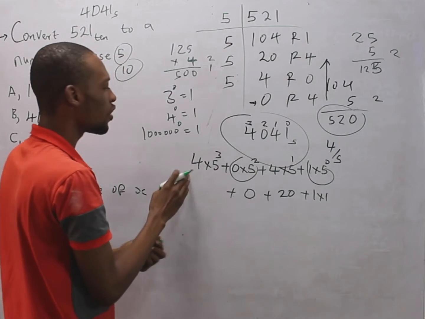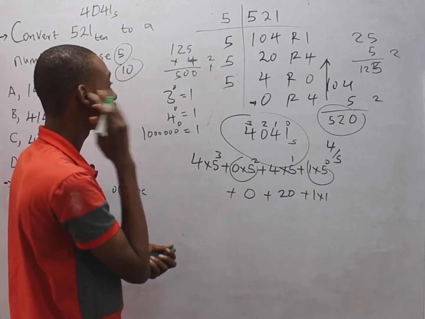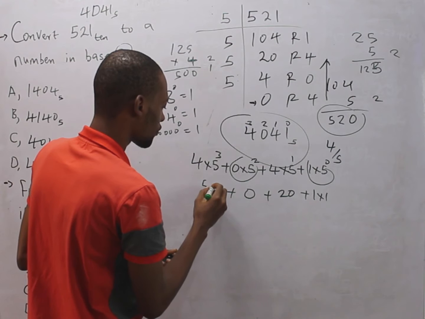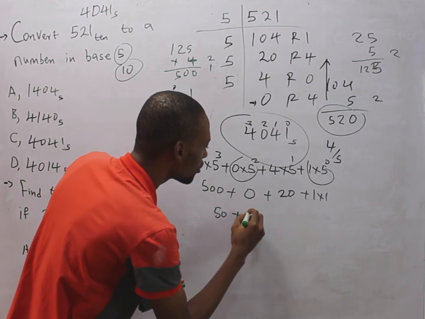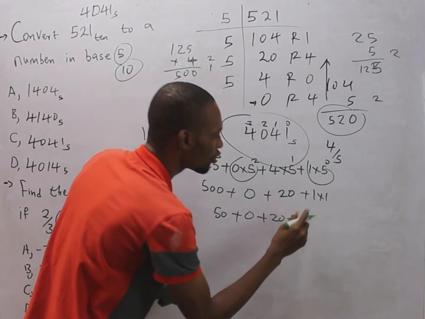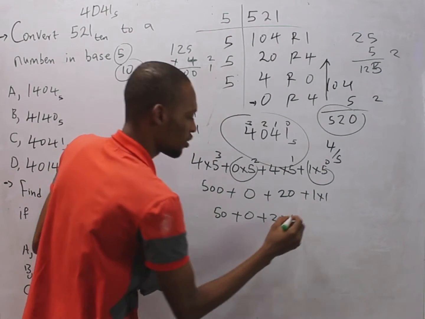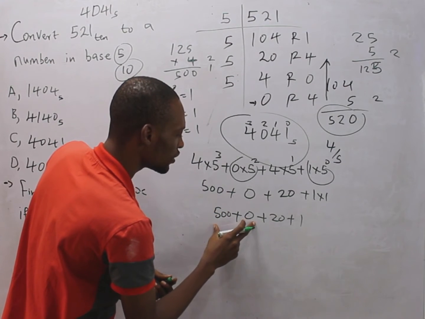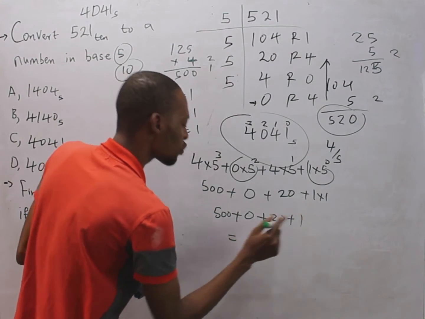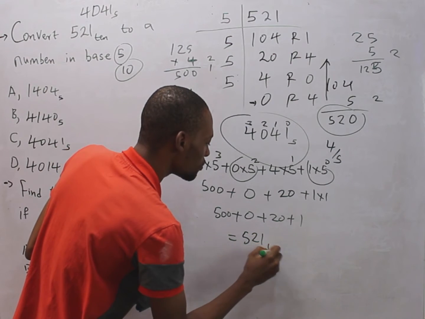This means 4 times 5 raised to the power of 3 is 500. 500 plus 0 plus 20 plus 1 times 1 is 1. This will give you 500 plus 0, 500 plus 20, 520 plus 1, 521 base 10.